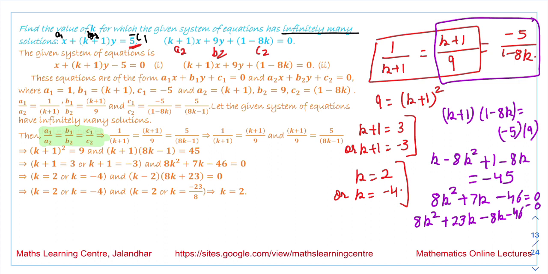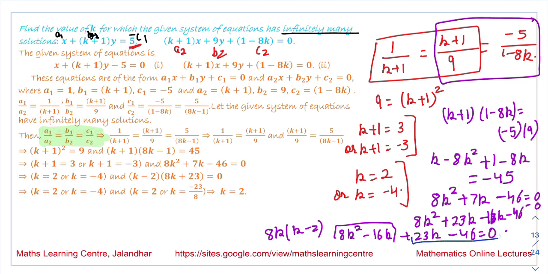So on solving this, it is not 8k, it is 16k over here. So it is 8k square minus 16k plus 23k minus 46 is equal to 0. From these two terms we can take 8k common and we are left with k minus 2.